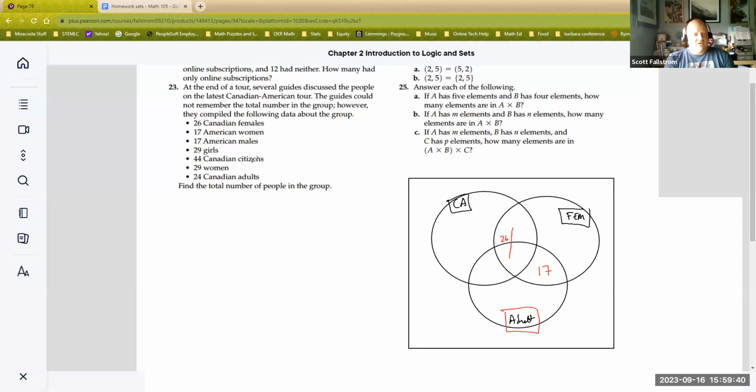Yeah, 29 girls, 29 women. Okay, girls and women, that would give me the total. So 29 plus 29 would give me 58, and that would be 58 females.